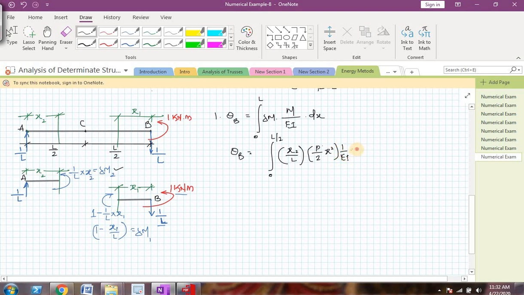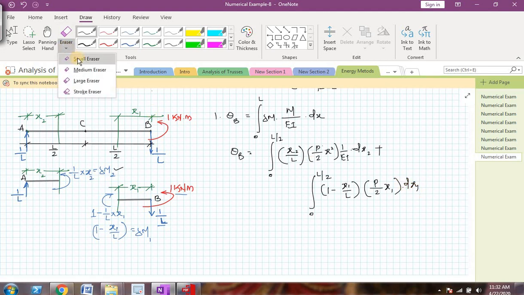into 1 by EI times dx2, plus, now let me write for segment BC, same 0 to L by 2. So delta m1 will be 1 minus x1 by L. Once again the M will be P by 2 into x1, times dx1.